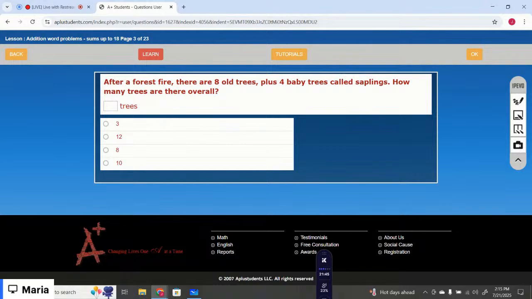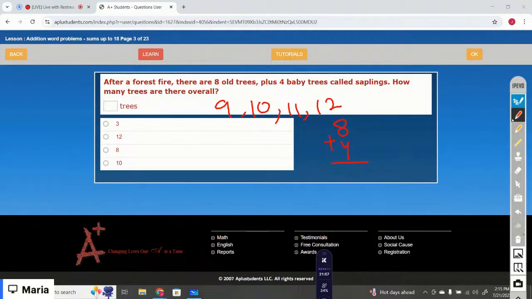After a forest fire, there are 8 old trees plus 4 baby trees called saplings. How many trees are there overall? So you need to add 8 plus 4. So start with 8 and count up to 4. So which is the correct option?